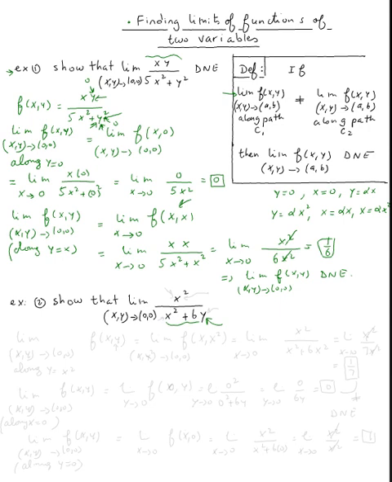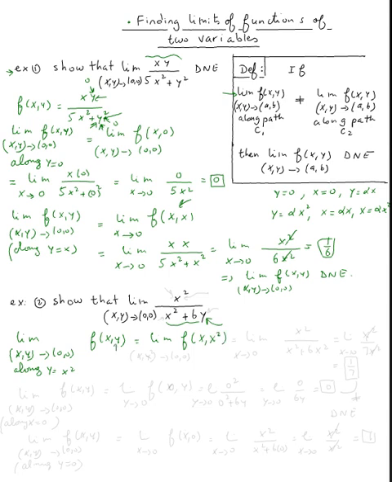So I want my y to be what? X squared. Right? So same thing. X squared plus 6x squared will be 7x squared. So what I do here, I'll do a limit as xy approach 0, 0 along y equal x squared of f of xy, and this is going to be equal limit of f of x, x squared.